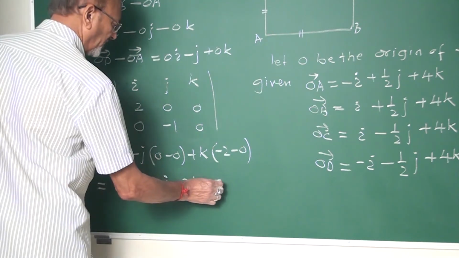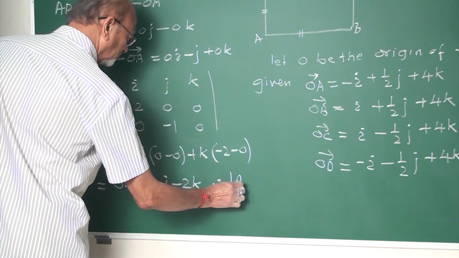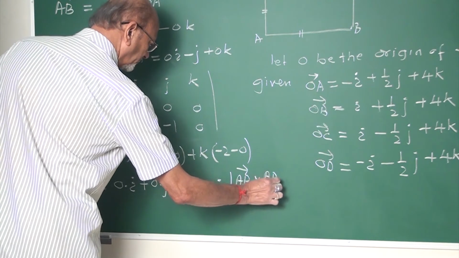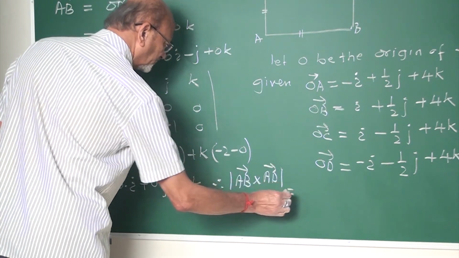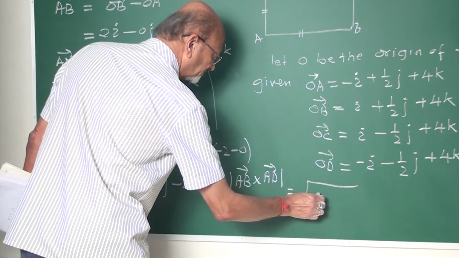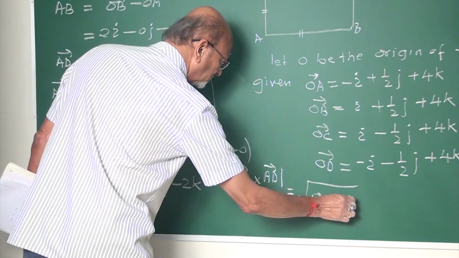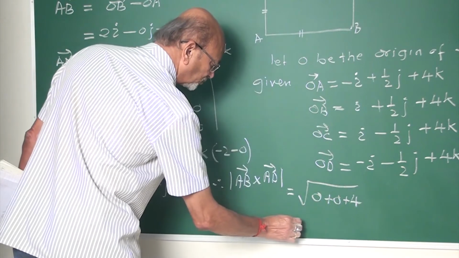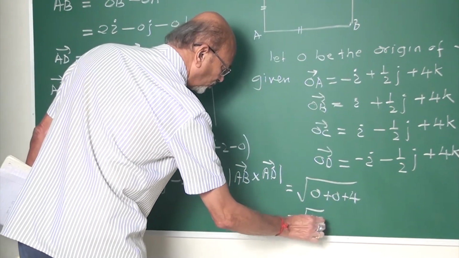Therefore, the magnitude of AB cross AD is the square root of 0, 0, and minus 2 the whole square, which is the square root of 4. Square root of 4 is 2.